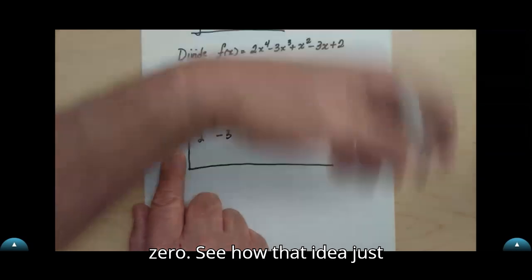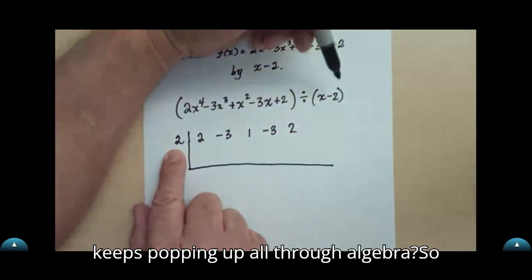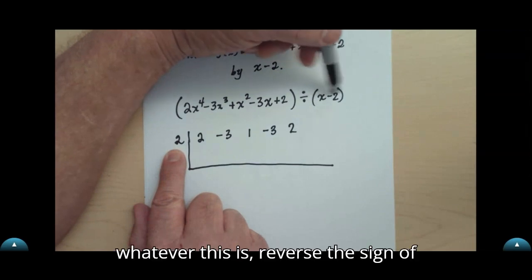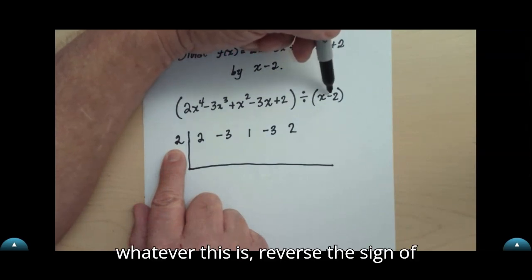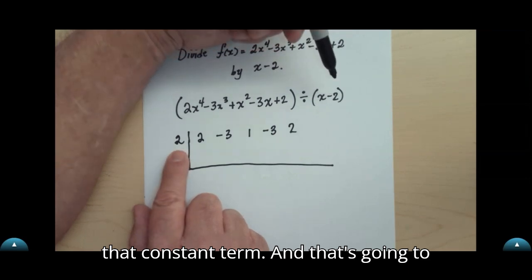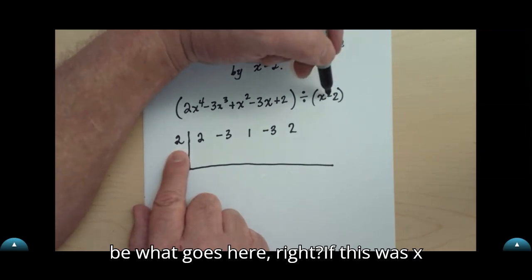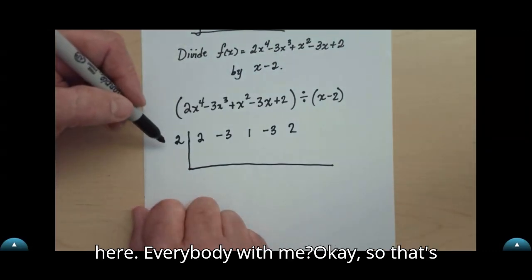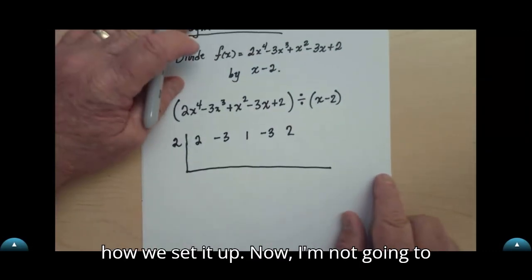See how that idea just keeps popping up all through algebra? So one way to think about it is whatever this is, reverse the sign of that constant term. And that's going to be what goes here, right? If this was x plus 2, I would put negative 2 out here. Everybody with me? Okay, so that's how we set it up.